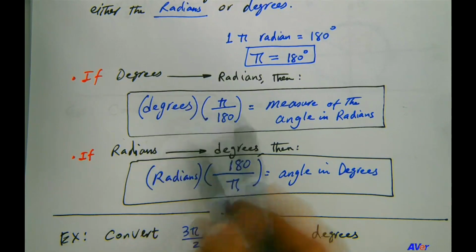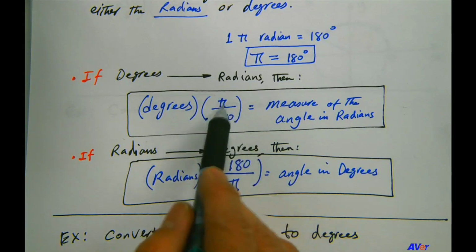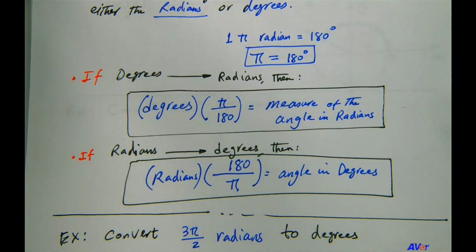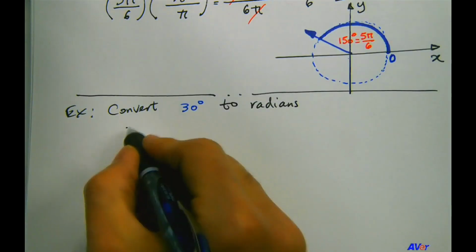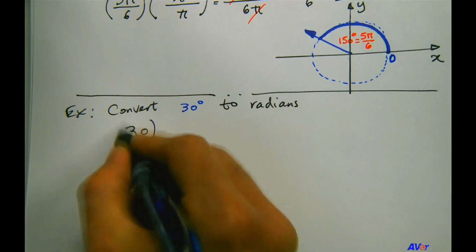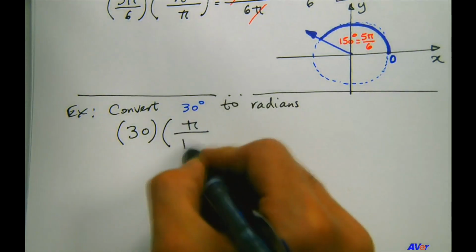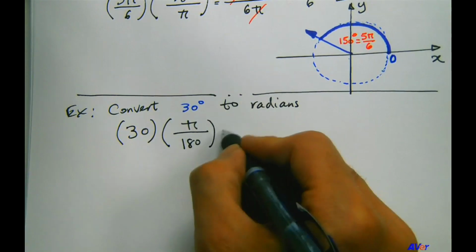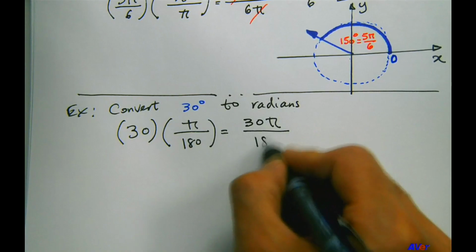So the units of degree cancel out. We're left with the radian. Okay, so let's do that. We have 30 degrees times pi over 180 degrees, right? So we end up with 30 pi divided by 180.